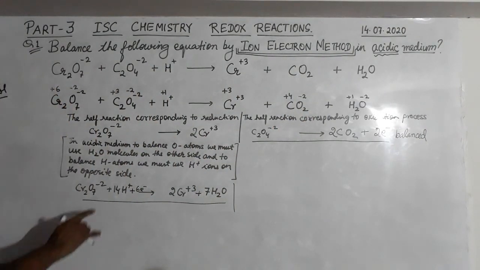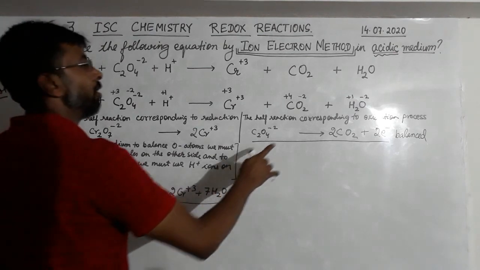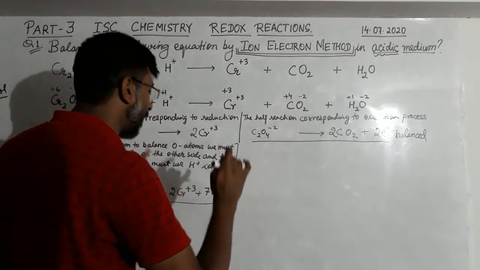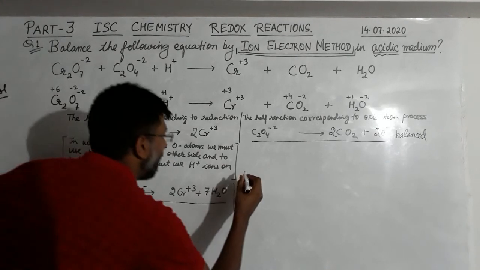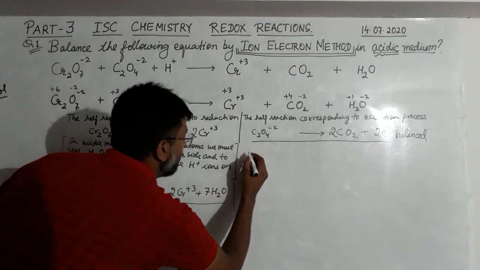Now what I will do? We must add the reduction half reaction and the oxidation half reaction, which is already balanced, and add them up mathematically. So to add them up, I am doing it over here.